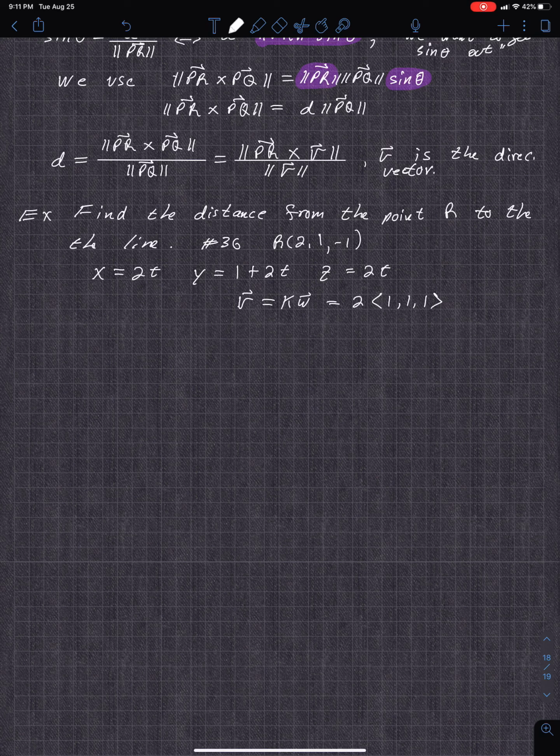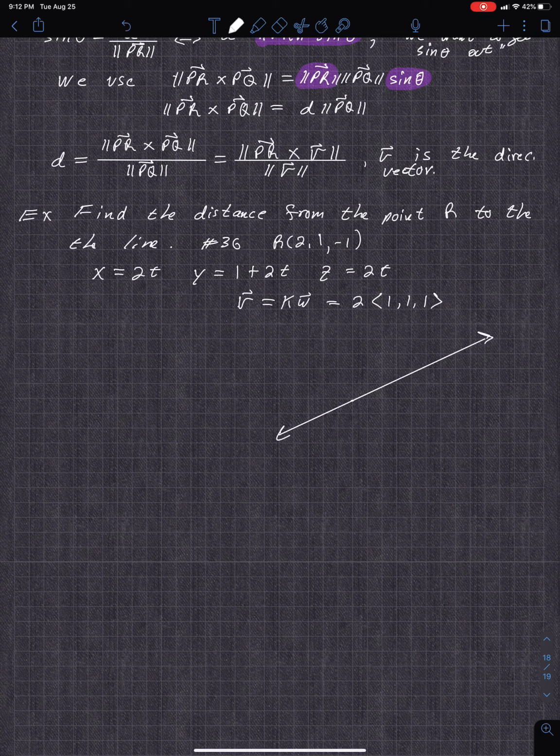Okay, so what we need to do next is, you have some line. Let's talk through it. You have some line, okay? And basically, we started with this direction vector, and I just made it that direction vector. No big deal there.